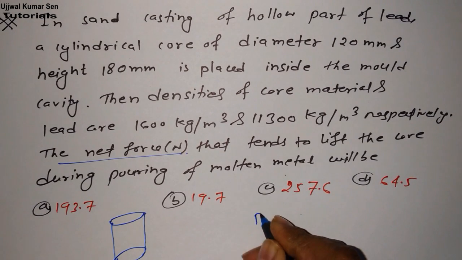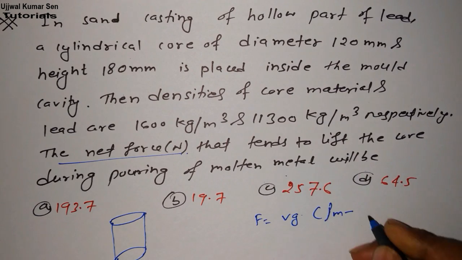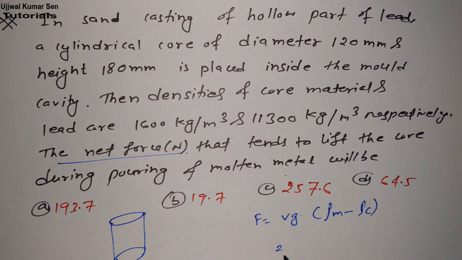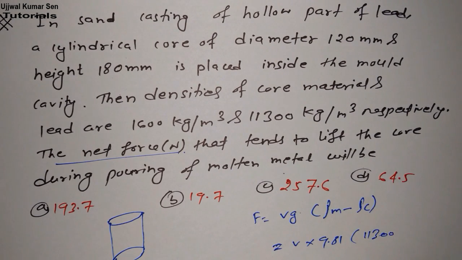We have the formula F equals V g times (density of molten metal minus density of core). V we don't know, we have to find it. g is 9.81, rho m is 11300 minus 1600. We can solve this till now, we just need to find the volume, then we can get the answer.